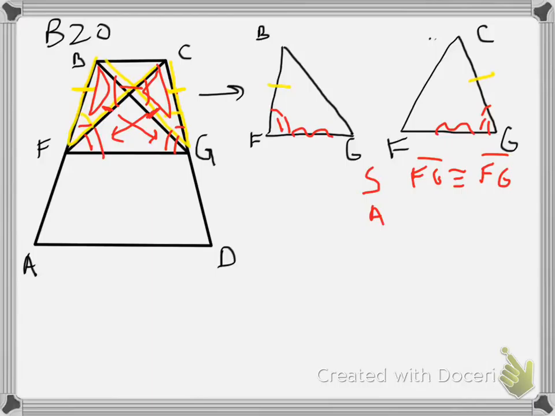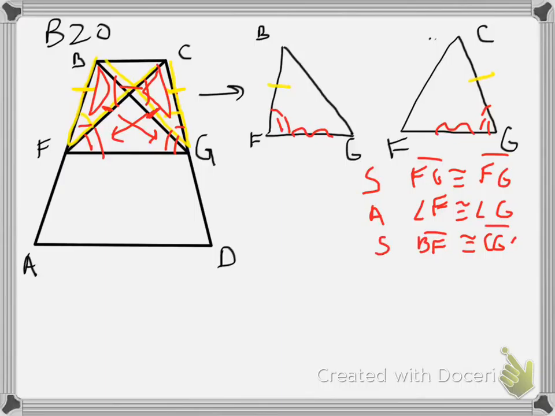We had AAS and base angles theorem and then angle addition. So we got that angle F is congruent to angle G. And then we already said that side BF was congruent to CG, and that's on the other side of that angle.